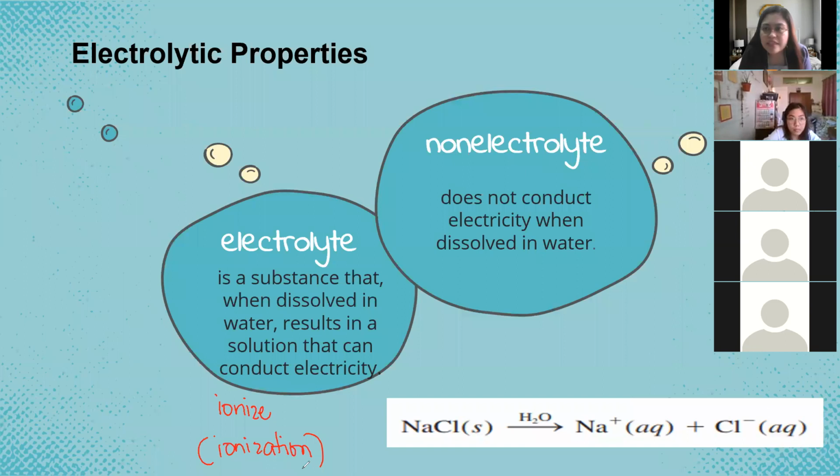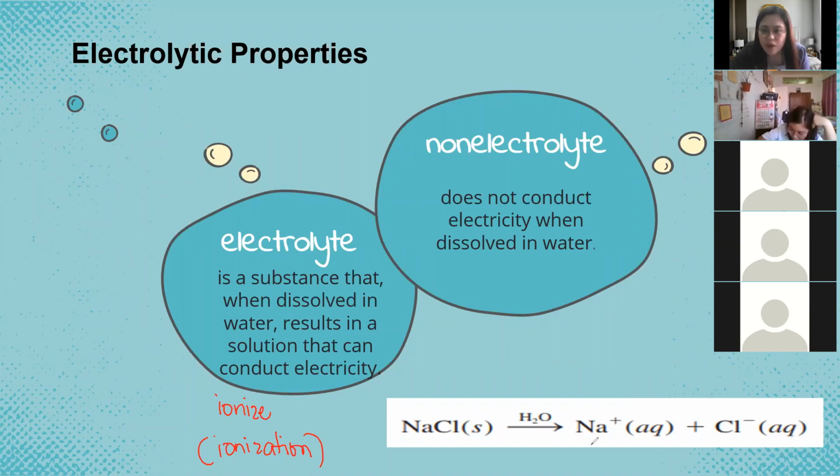So if you look at the screen, we have an example there of an electrolyte, the sodium chloride. So asin or table salt. Itong S dyan, class, it means solid. So we have a solid na sodium chloride here. If we dissolve sodium chloride in water, there will be ionization, meaning the components of the compound will separate into ions.